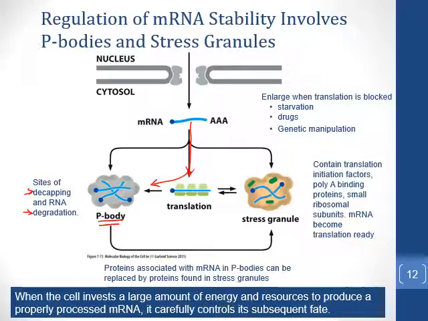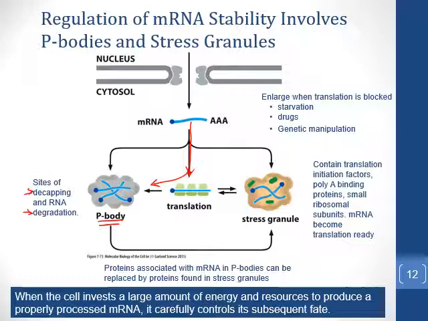So translation just kind of ceases. It's put on hold. Some drugs can induce a block in translation, or some genetic manipulations can block translation. For whatever reason, if these mRNAs cannot be translated, oftentimes they're moved over to these structures called stress granules.